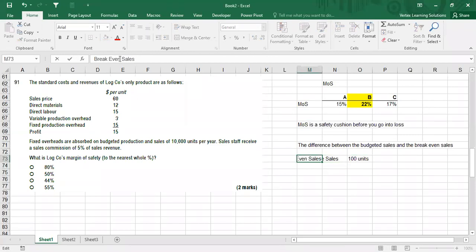And then you set up your target. Oh, I want to sell 110 units. So in this case, your margin of safety is approximately 10%. So you have got a 10% margin of safety, which means that if your sales drop by 10%, you will go into loss. Now, that is a very small margin of safety.